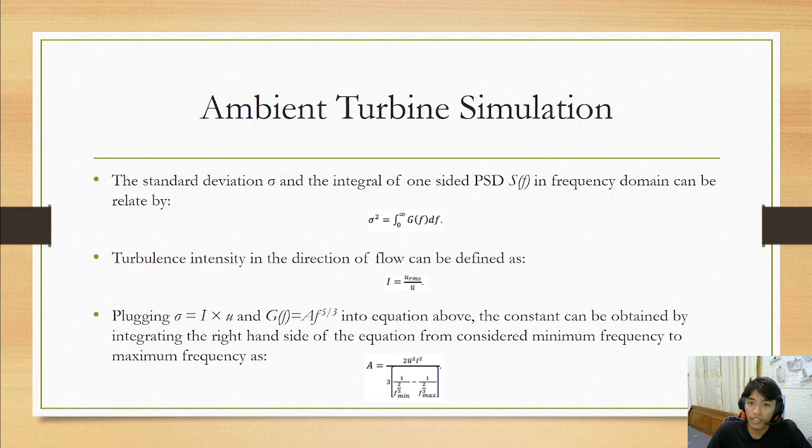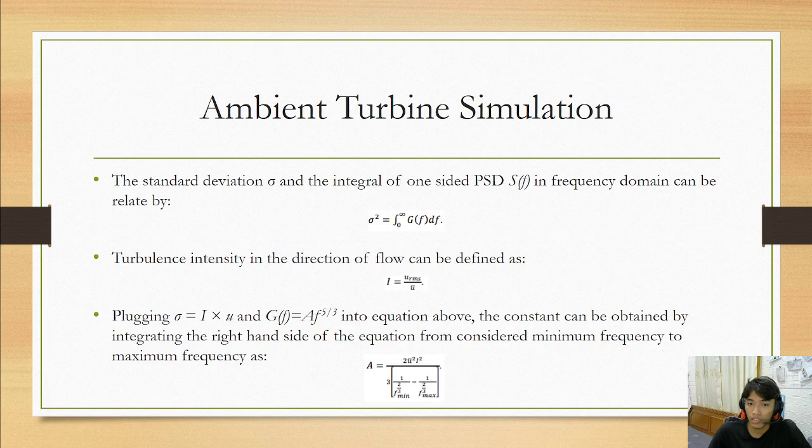Okay, so the standard deviation and the integral of the one-sided PSD G(f) in the frequency domain can be related by the standard deviation squared, which is the variance, equals the integral from 0 to infinity of G(f) df. Turbulence intensity in the direction of flow can be defined as I equals U RMS divided by U bar.